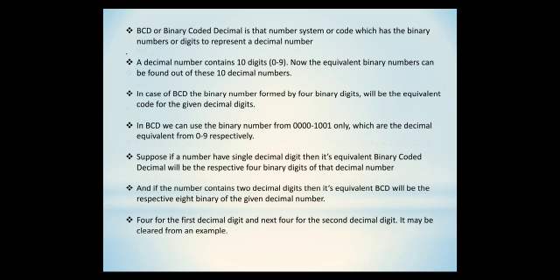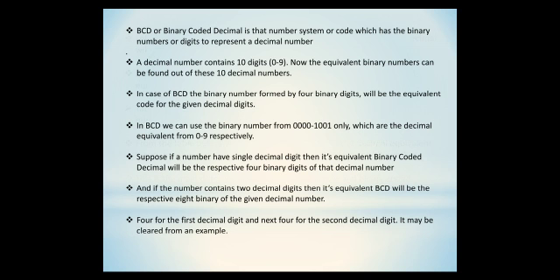Suppose a number has a single decimal digit, then its equivalent binary coded decimal will be the 4 binary digits of that decimal number. And if the number contains 2 decimal digits, then its equivalent BCD will be 8 binary digits for the given decimal number: 4 for the first decimal digit and the next 4 for the second decimal digit.